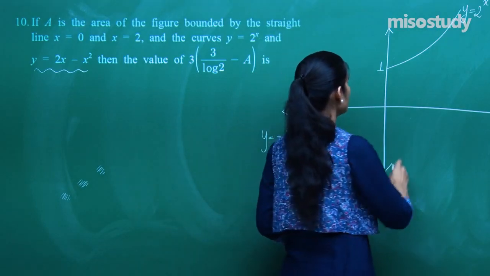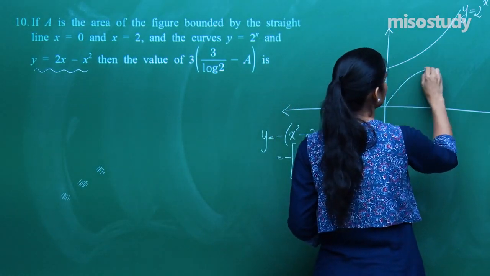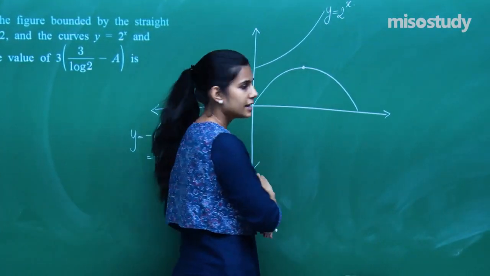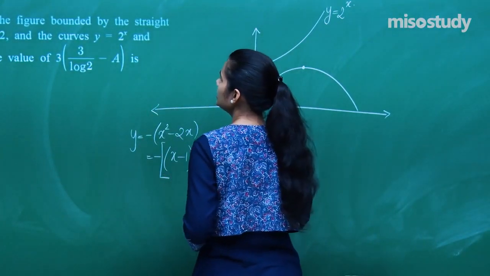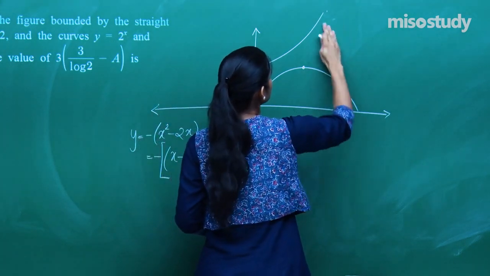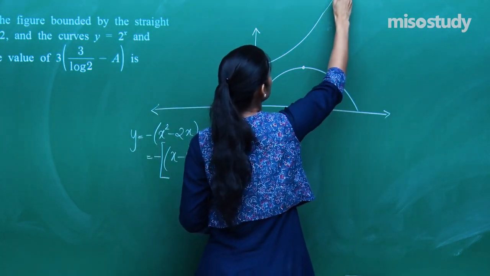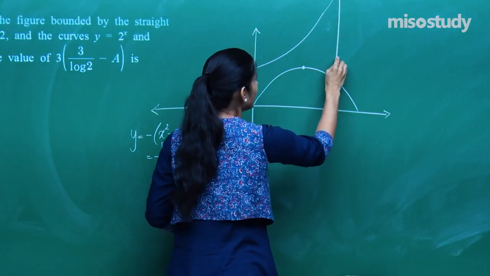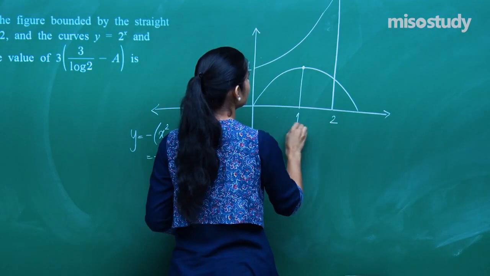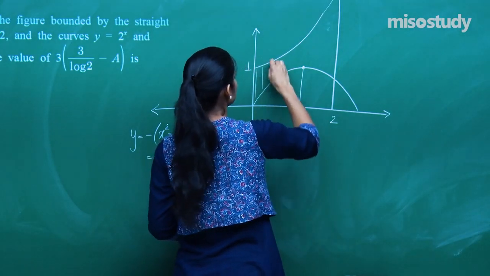So it is a parabola with vertex 1 comma 1. Fine. Now you have to talk about x equals 0, x equals 2. So let me rub this. If it goes above, I am basically interested in, this is 1. So I am interested in this area.